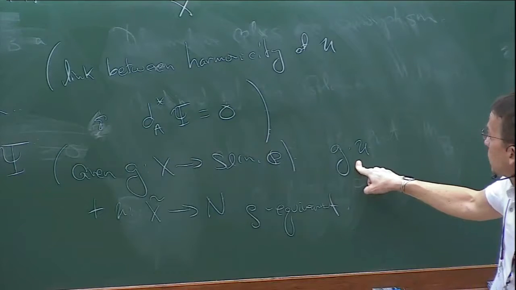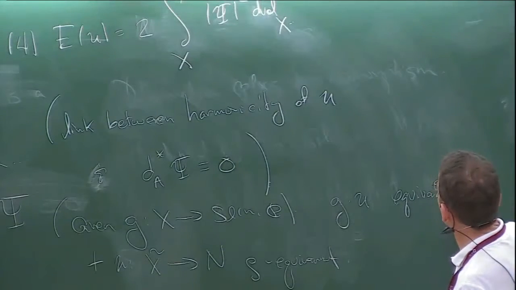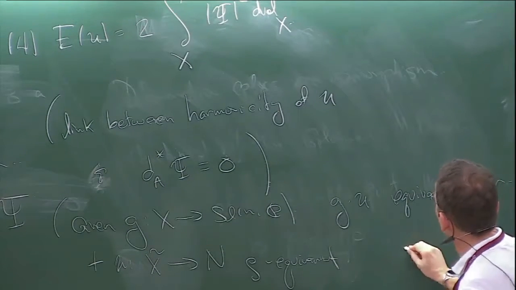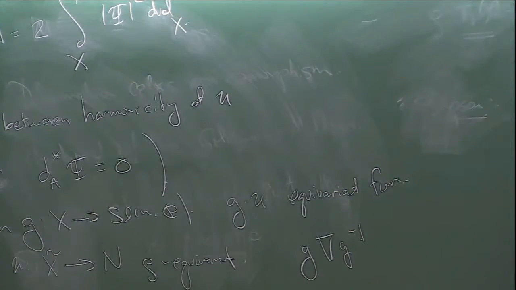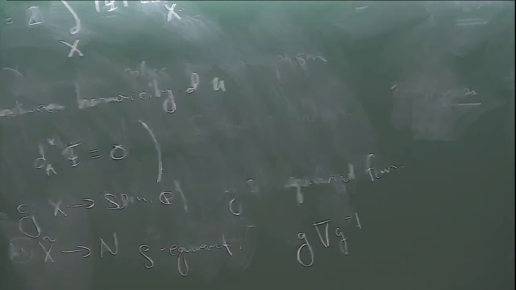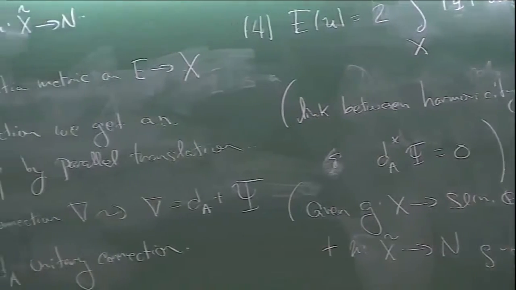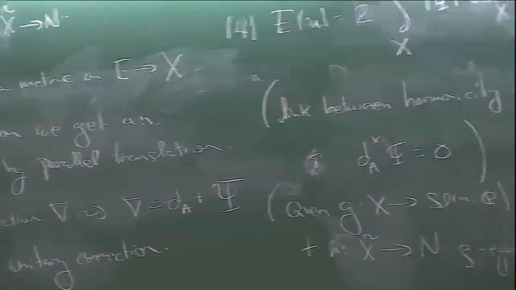This is another map which is equivariant for G nabla G inverse, or maybe the other way around. So moving the connection in a complex gauge orbit is the same thing as moving this map around. That's the point of these two statements, putting them together like that.